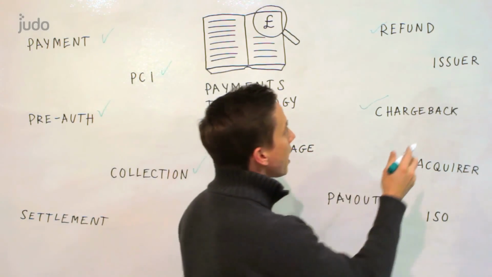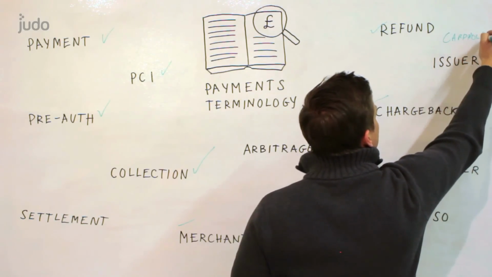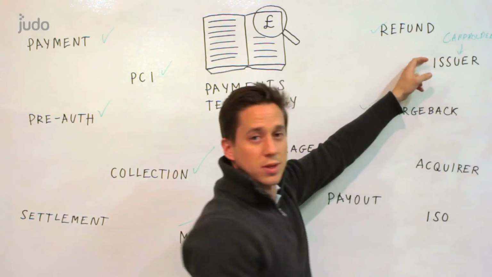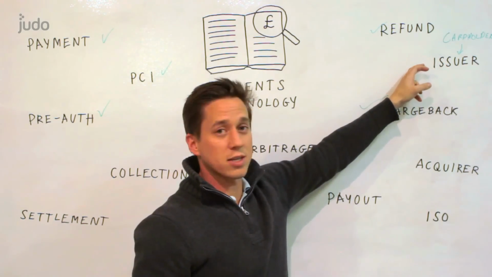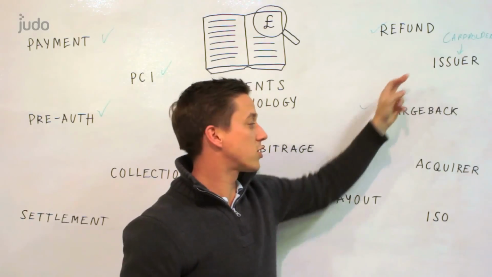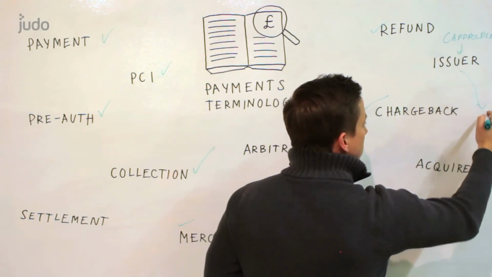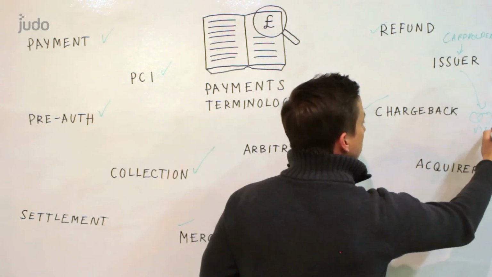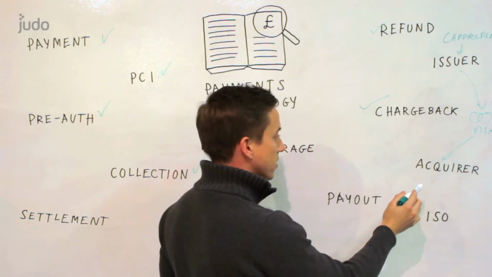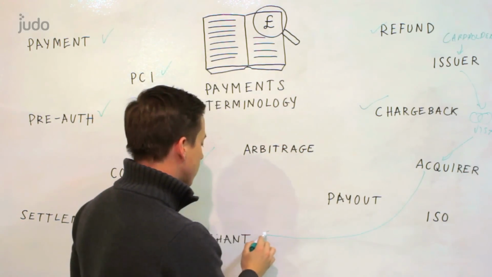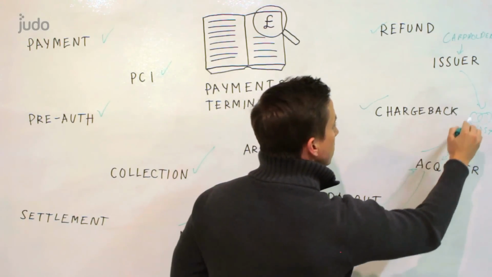Essentially, if you've got your cardholder here, they have a relationship with the issuer, which is the bank that provides the card to the cardholder, as well as the bank that's responsible for sending funds eventually back down to the merchant. That issuer sends data back and forth to Visa and MasterCard. They send that data to the acquirer, which I'll cover in a second, and the acquirer sends the funds to the merchant. So you have this two-way communication path that goes through these channels.